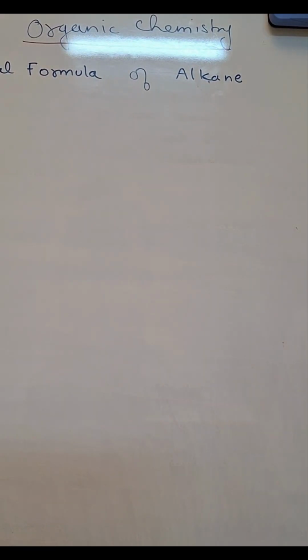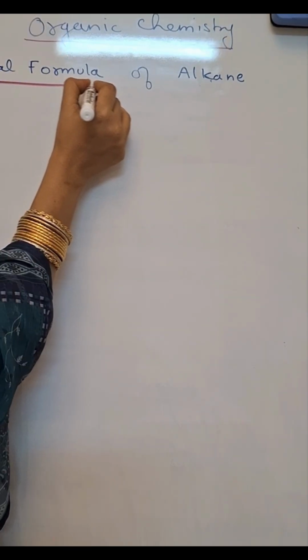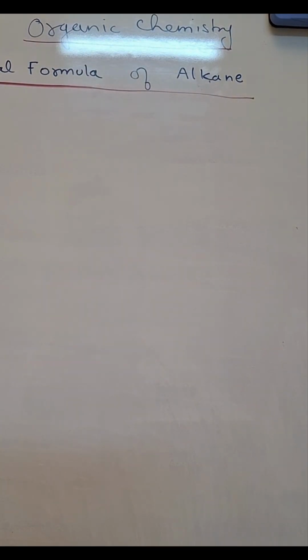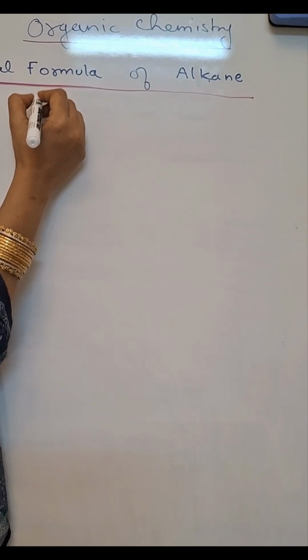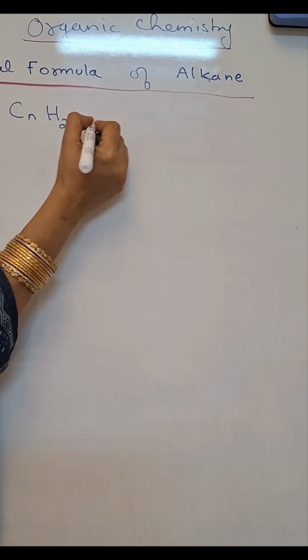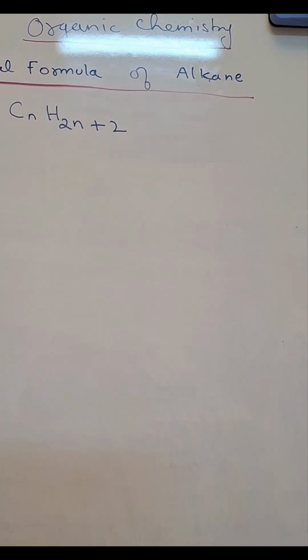So in this board work we will understand what a general formula is and how it is helping us to identify the alkane or alkene. So the general formula of alkane is CnH2n+2.